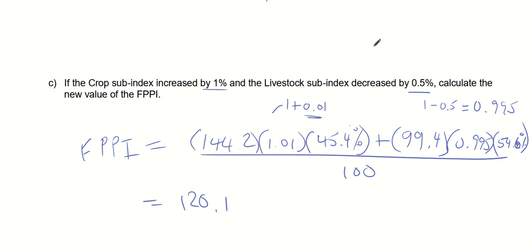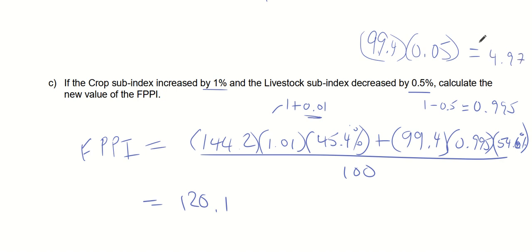So what I could do is get 99.4, and multiply it by 0.005, and find the value of that. Okay, 99.4 times 0.005. It tells me that number is essentially 0.497.